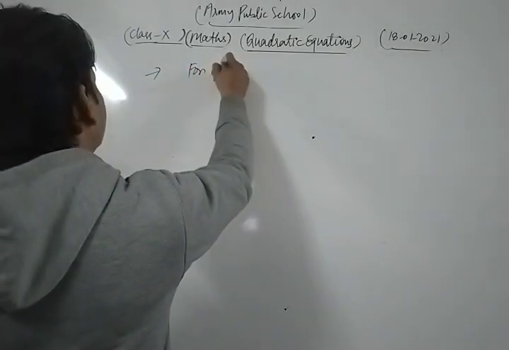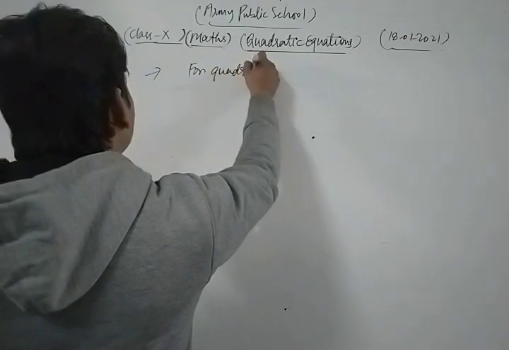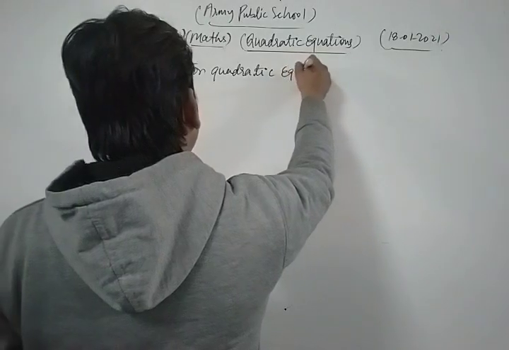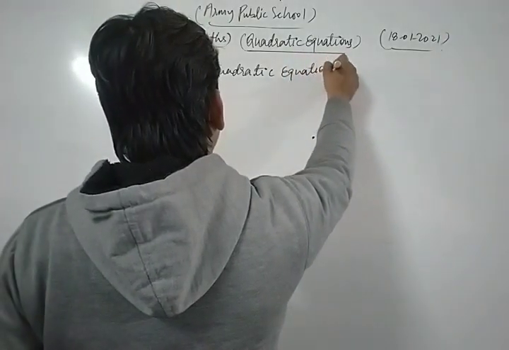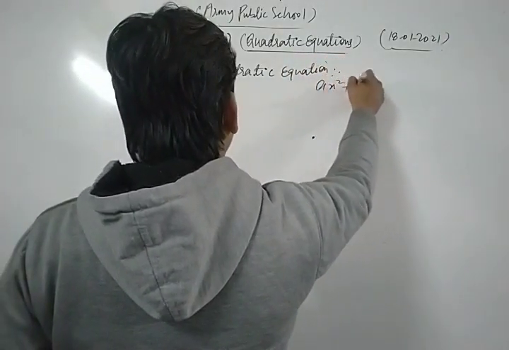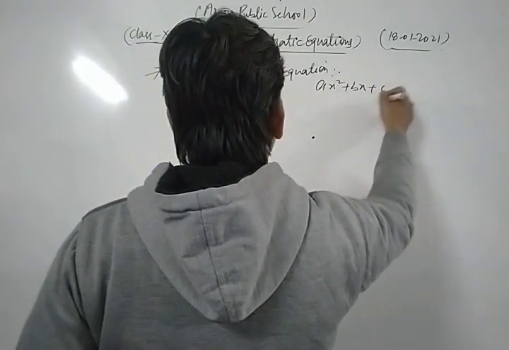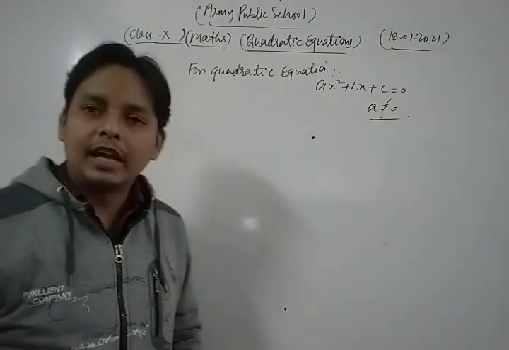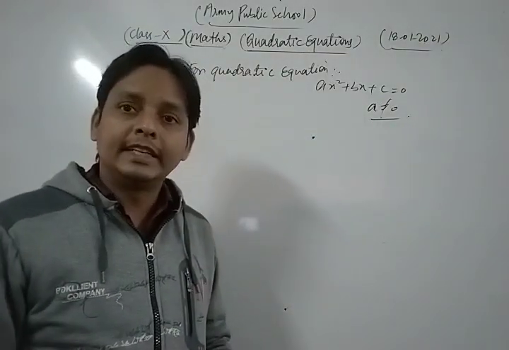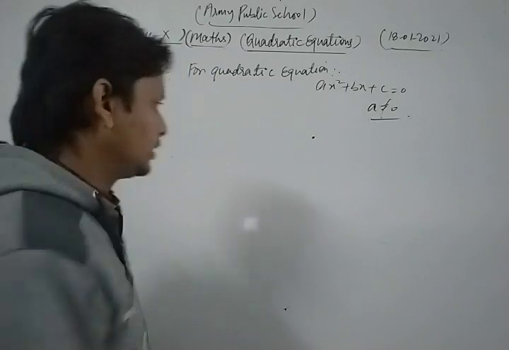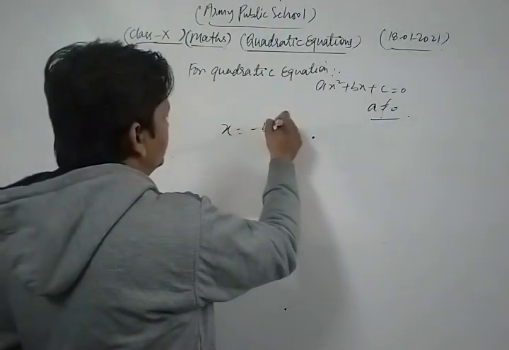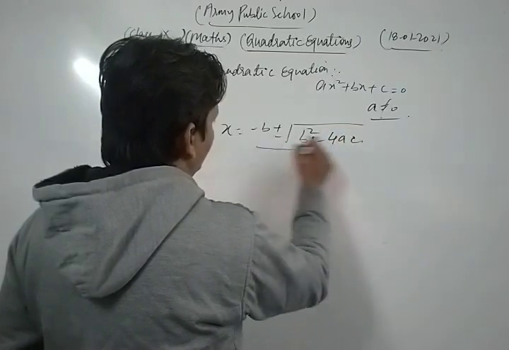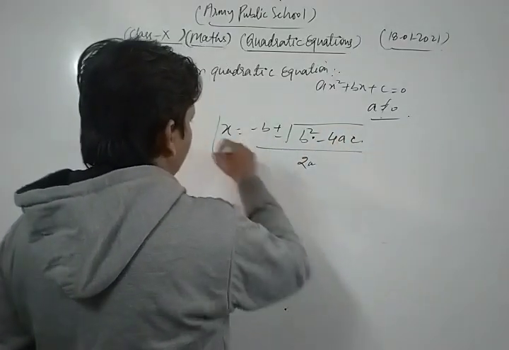For a quadratic equation ax square plus bx plus c is equal to 0, where a is not equal to 0, we have a quadratic formula for finding the roots: x is equal to minus b plus minus square root of b square minus 4ac upon 2a.